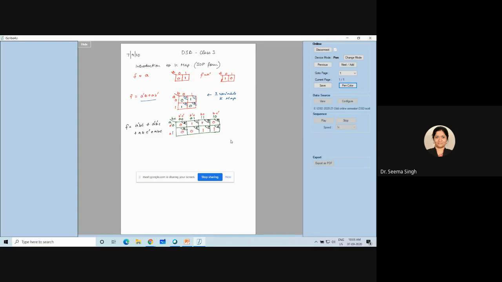Now I will show you simplification using a K-map. The K-map and the function is clear to all of you, I guess. Can I go for the simplification?